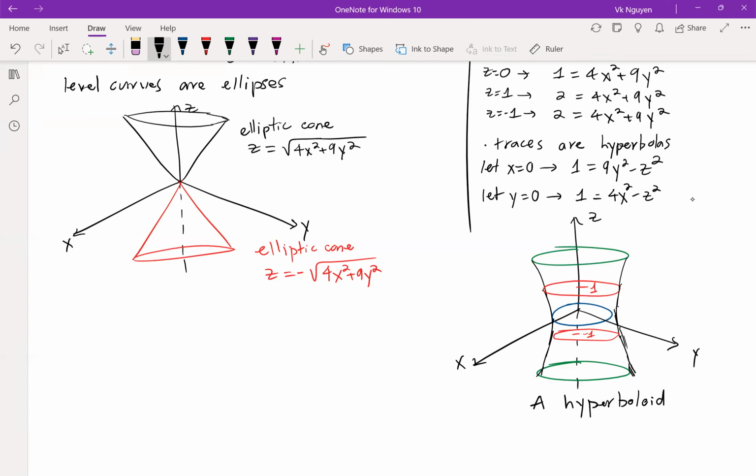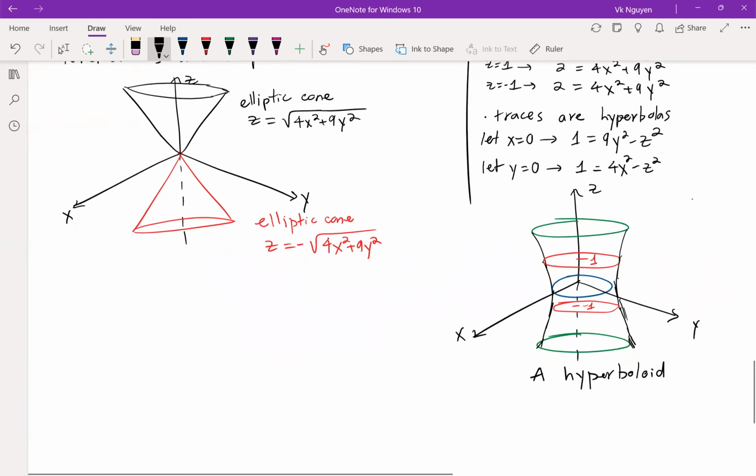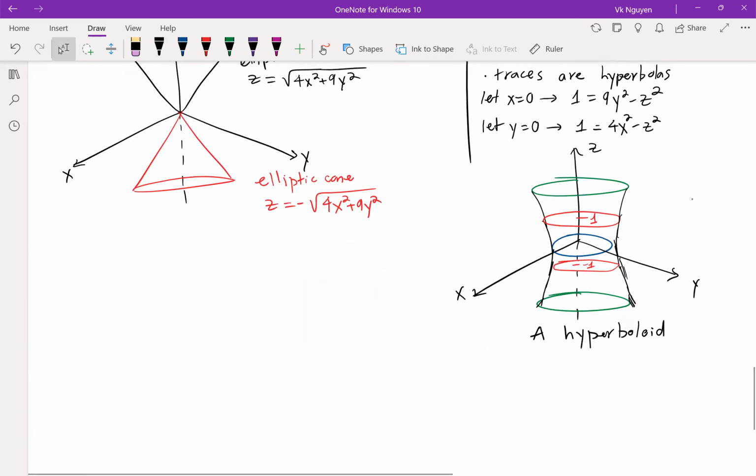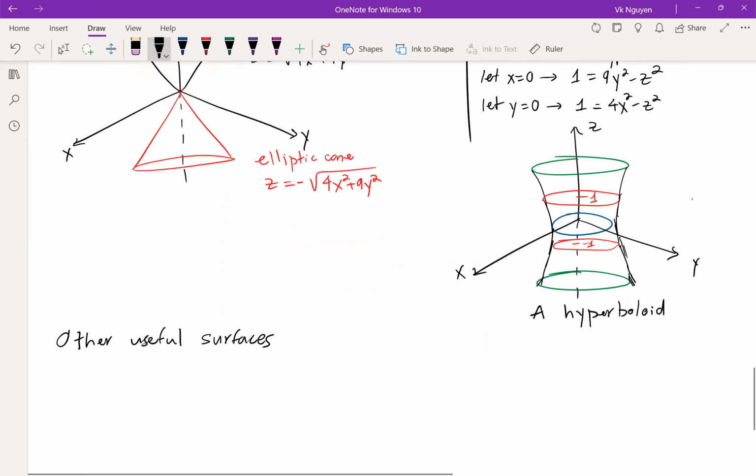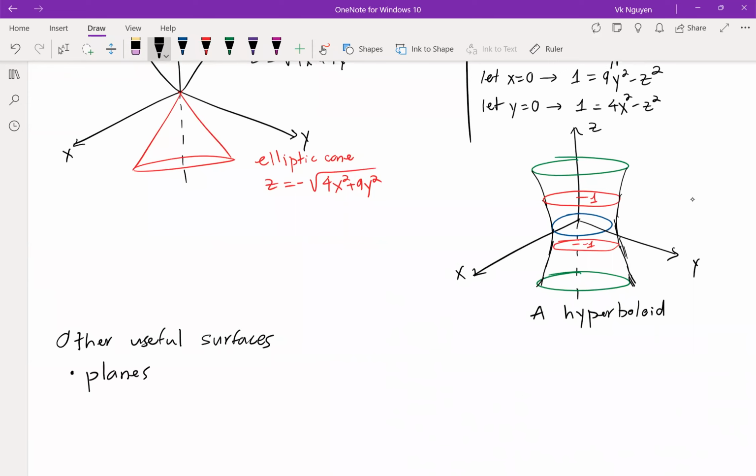Okay, so there are a few useful surfaces that I want you to know because we're going to be sketching them a lot later on. All the useful surfaces, only 2 of them though. I want you to know the plane: ax plus by plus cz equal d.